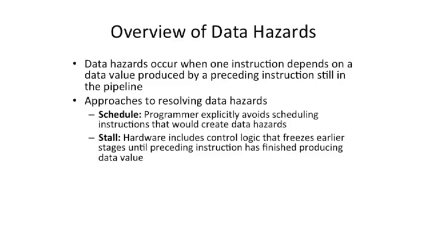The next approach, which we'll be talking more about in today's lecture, is to stall. So if you have a data dependence, you can stall later instructions dependent on earlier instructions. An important thing to note here is you're going to freeze the pipeline until the preceding instruction has generated the value, but hardware does this freezing.